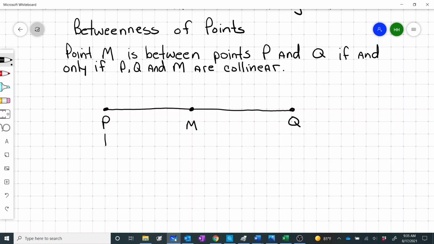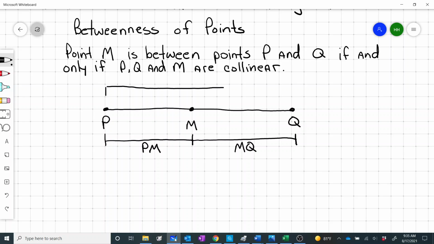This distance represents the distance from P to M. This distance would represent the distance from M to Q. And this is your entire distance, the whole length of the segment, the distance from P to Q.